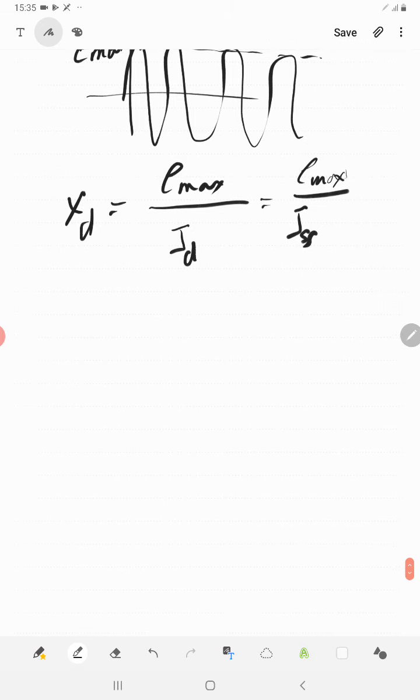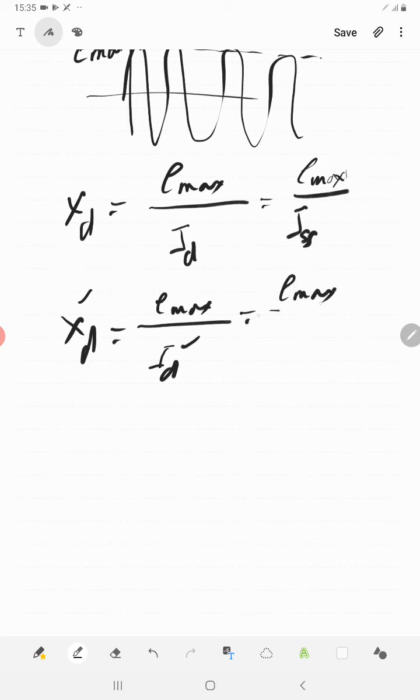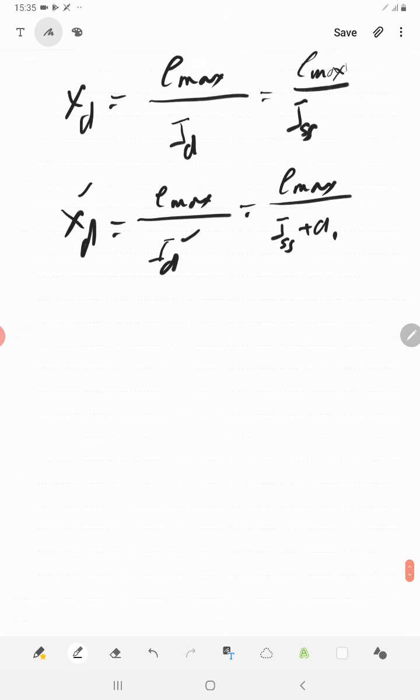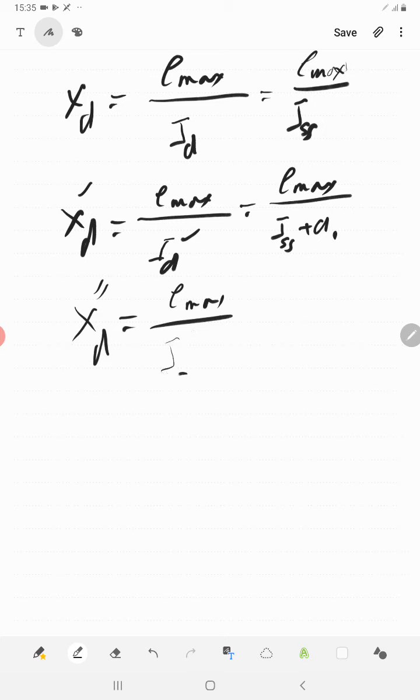Now, XD transient is E maximum divided by ID transient, so it is E maximum divided by I steady state plus A1. And XD subtransient is equal to E maximum divided by ID subtransient, so it is E max divided by I steady state plus A1 plus A2.